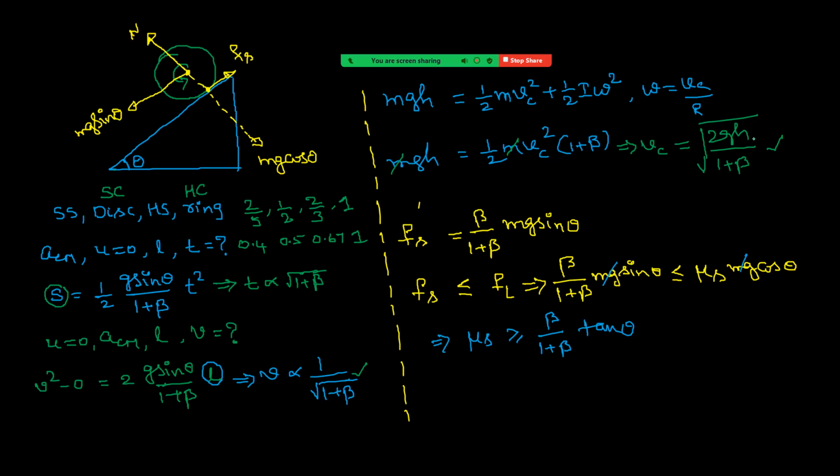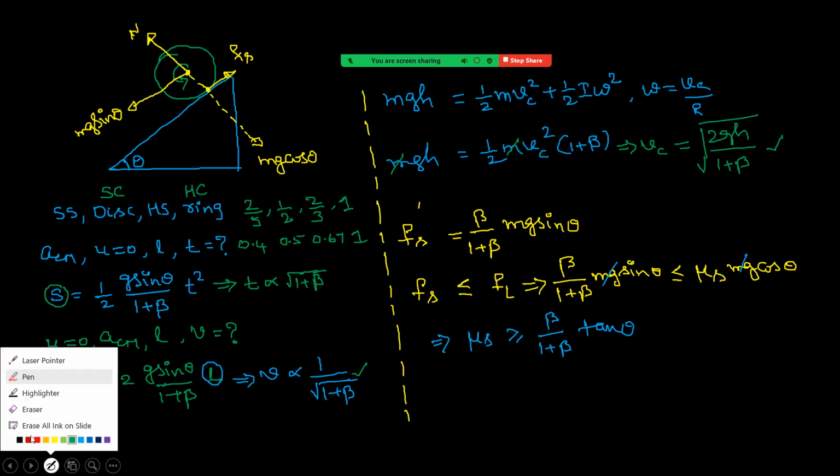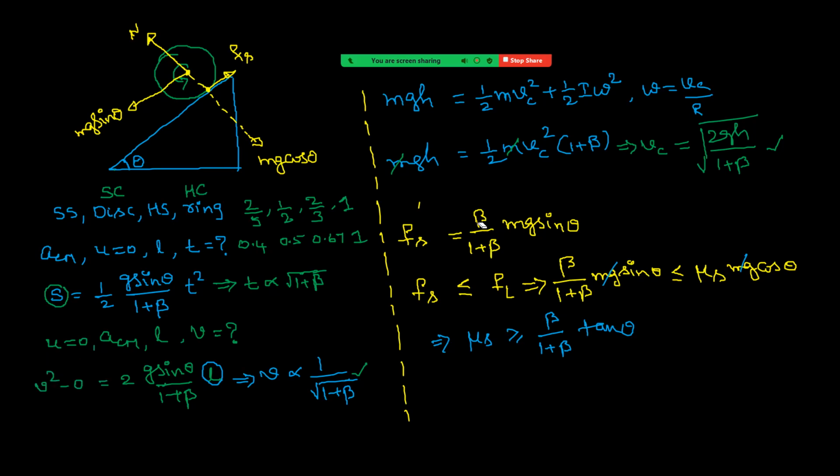Next we have to focus on one more important point. Here we have seen that when we release the body, it rolls down the incline, and the frictional force on the body is up the incline. Now the question comes: if we project a body up the incline, so the body is rolling up the incline, what will be the direction of frictional force?